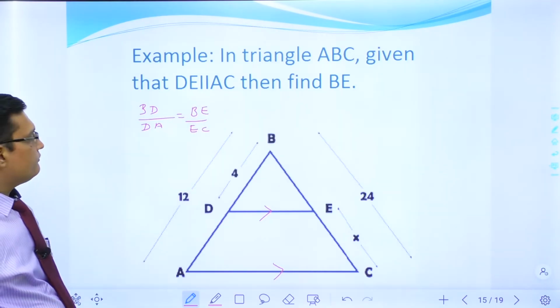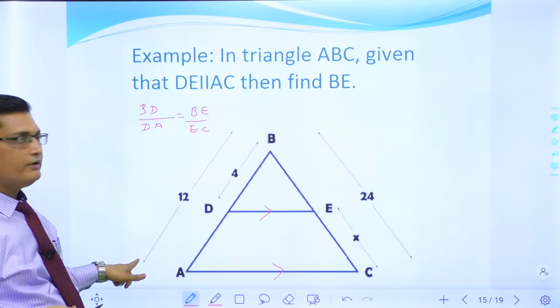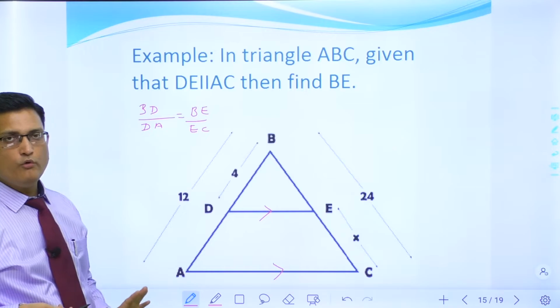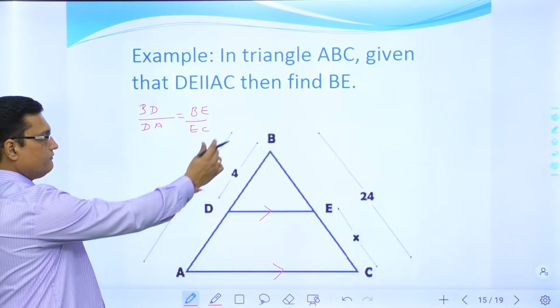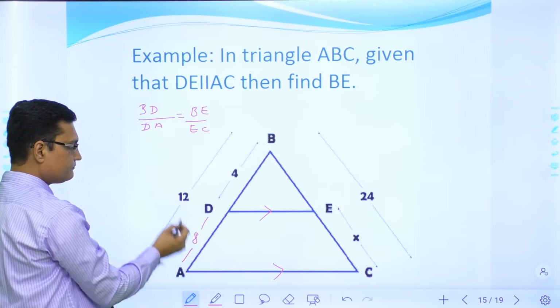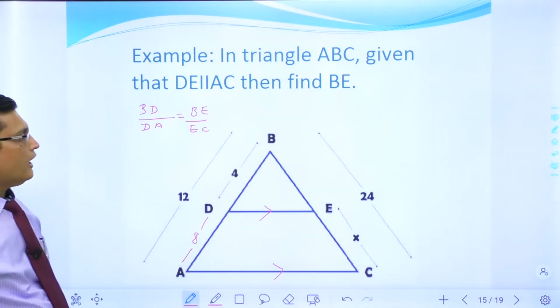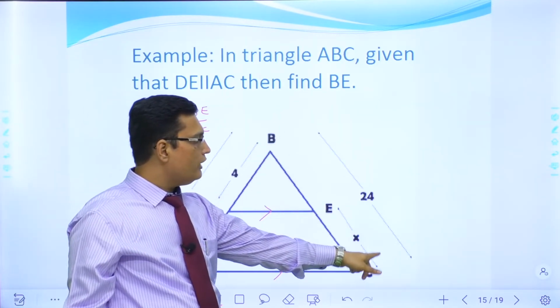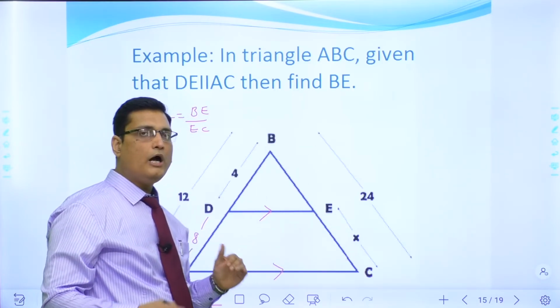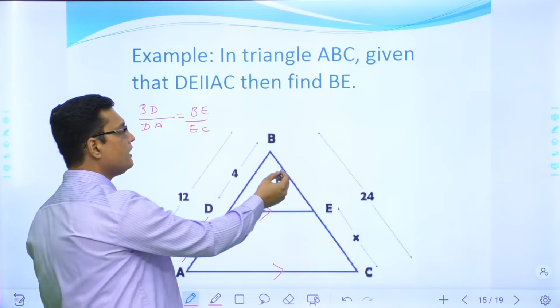Now in the figure you can see that this whole line BA is given 12, BD is given to you as 4. Now when you subtract, it will come 8. Now here BC whole length is 24, EC is given as x. Now how to find BE?